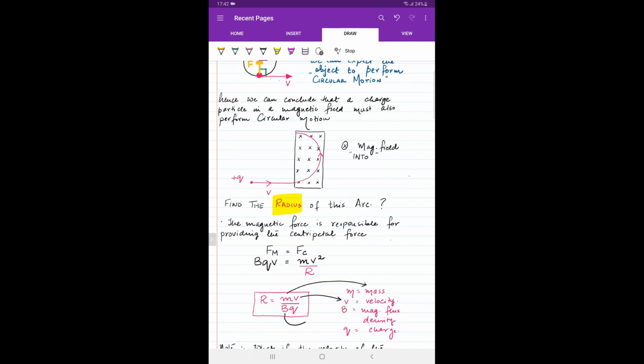It depends on the strength of the magnetic field, that is magnetic flux density, and it depends on the magnitude of the charge of the particle. So mass times velocity, mv, divided by b times q. So mv upon bq is a formula that can be used to help us calculate the radius of the circular arc in case when a charged particle enters a magnetic field and performs circular motion.